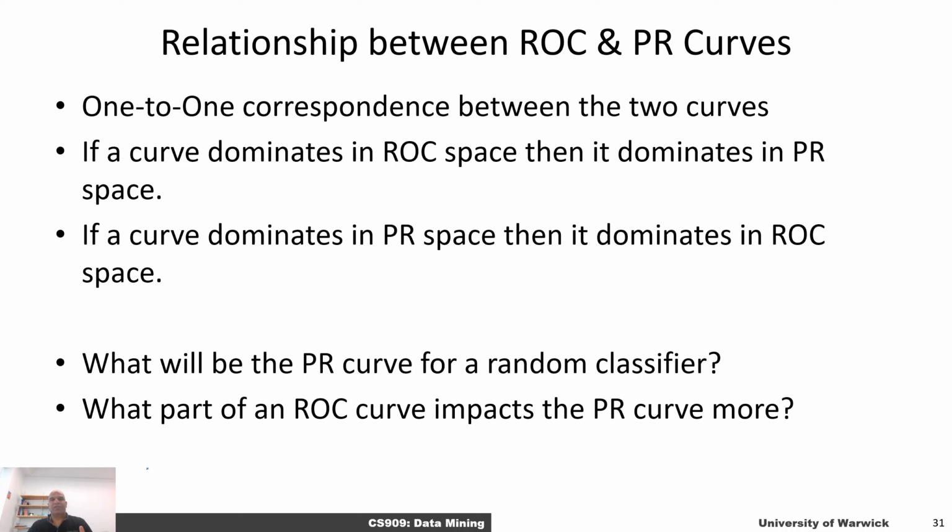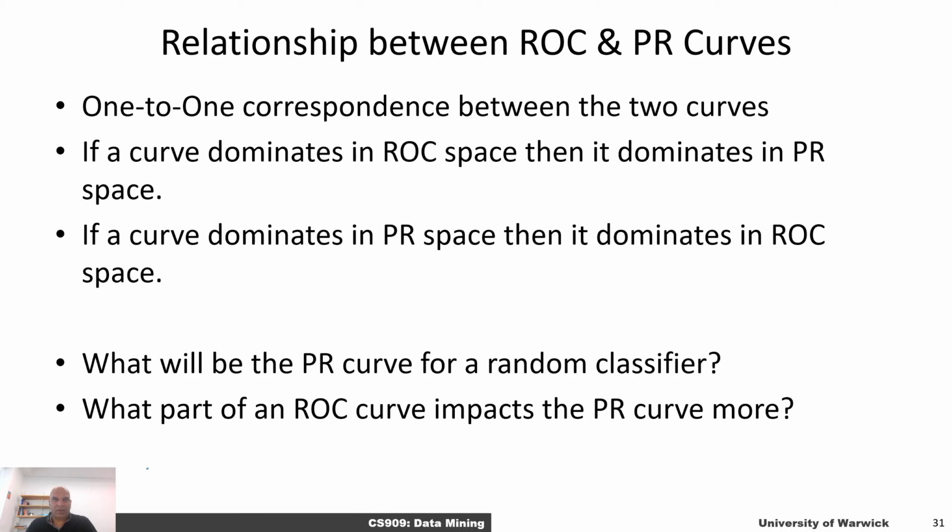I welcome you to go ahead and try that out so you understand that unlike an ROC curve where a random classifier is going to give you a straight line smack in the middle, for a PR curve you are going to get different curves depending upon how many negative examples there are. So the area under the PR curve of a random classifier is not going to be 0.5. It depends upon how many negative examples there are.